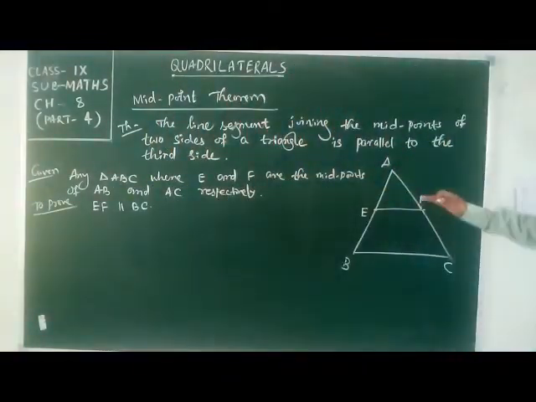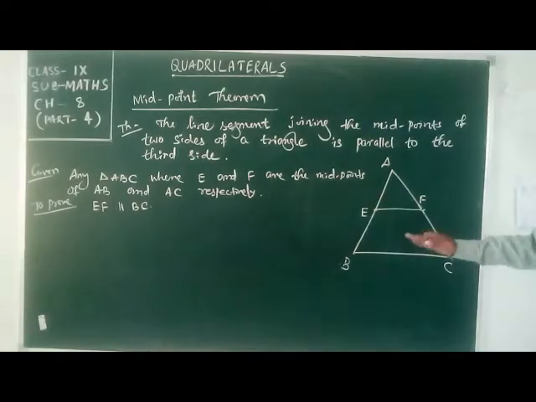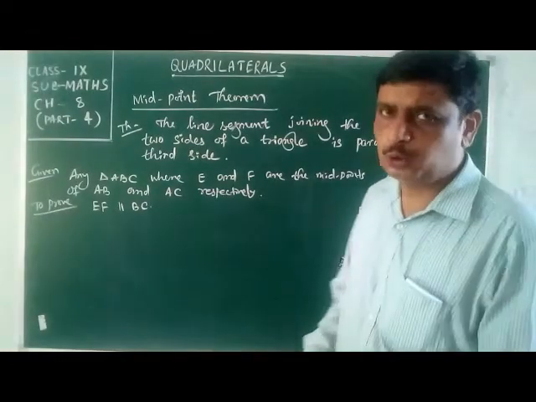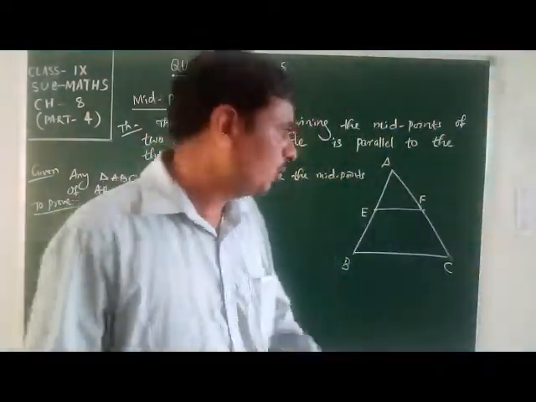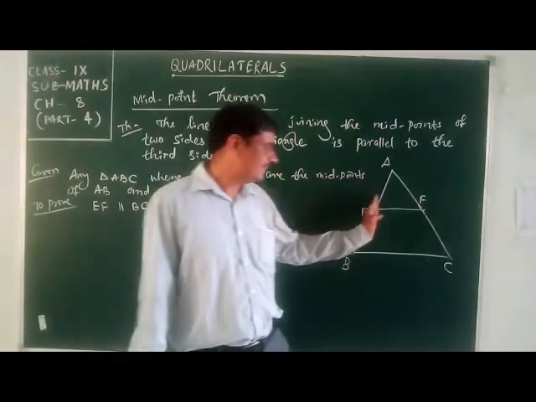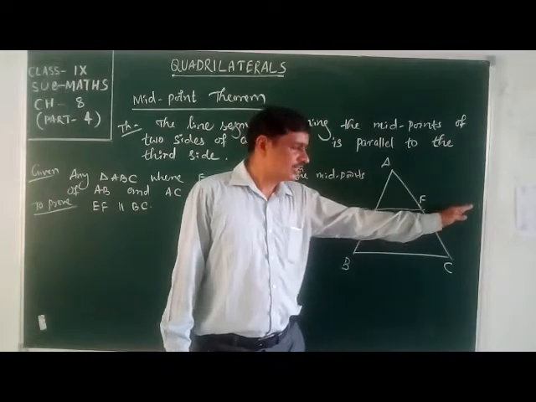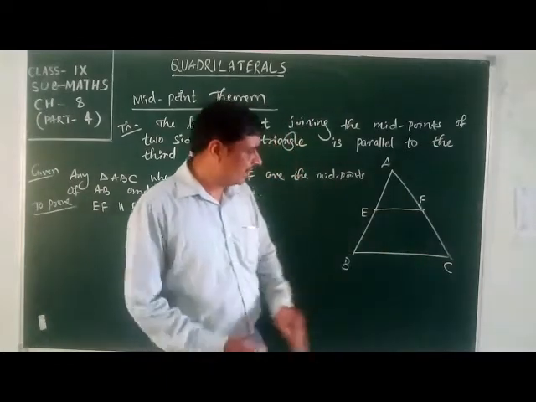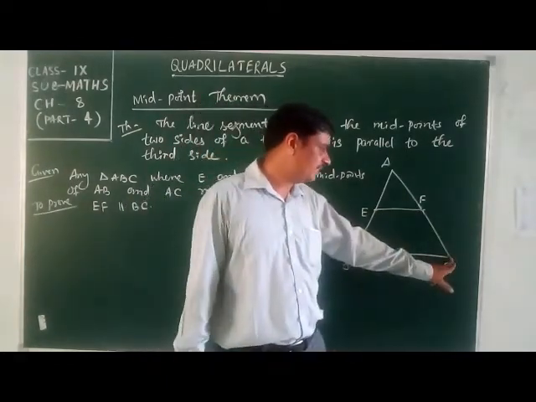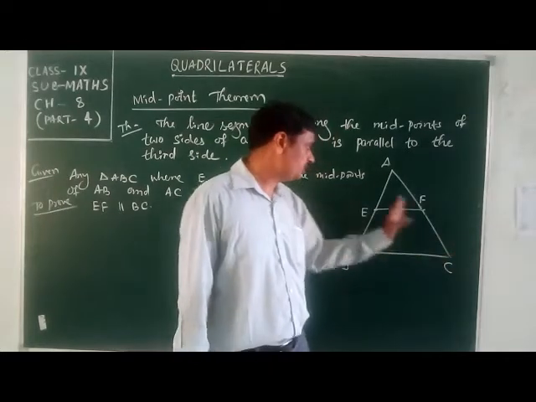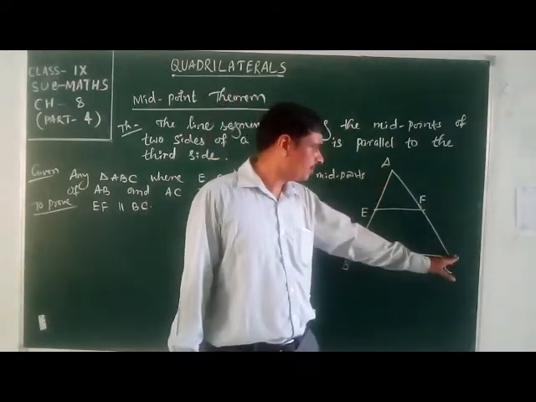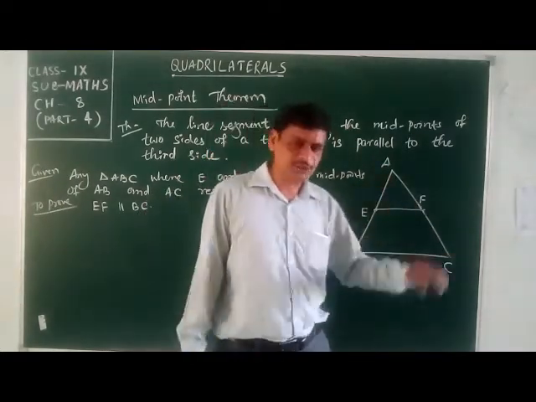To make EF and BC parallel, we have to produce EF, and a line from the vertex C should be drawn which is parallel to AB that will intersect the produced EF.